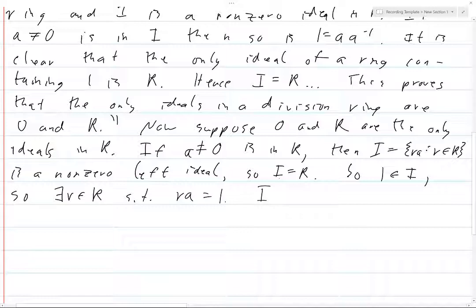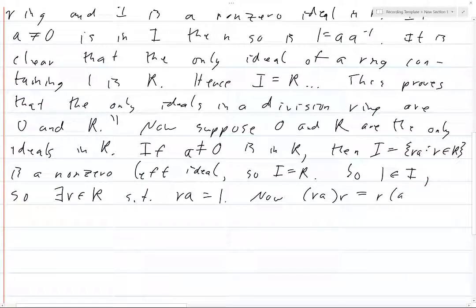So ra equals 1. We want ar to be 1 as well, so that we confirm that r is the inverse of a. So now, what do we do? We take rar, and this is just a trick.